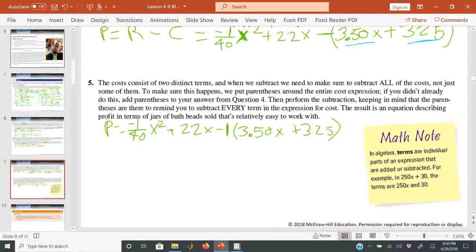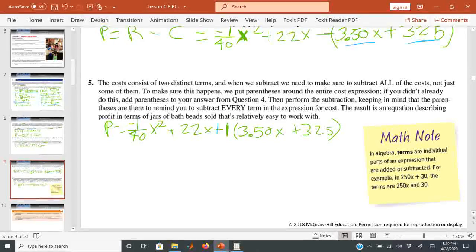1 times anything is itself, so I don't change the equation when I say I'm going to take 1 times the quantity 350x plus 325. I'm also going to think of that as plus a negative.